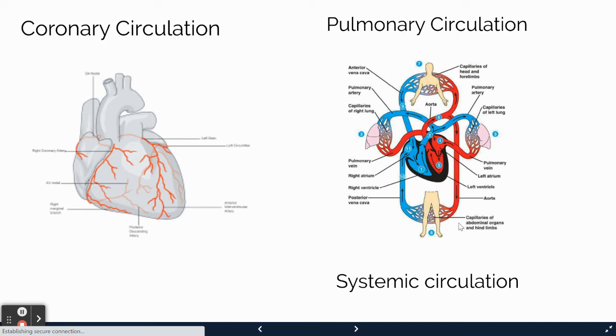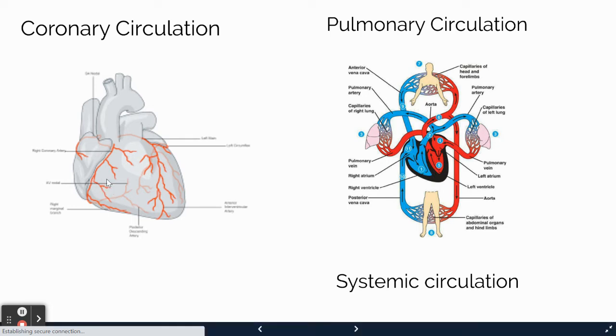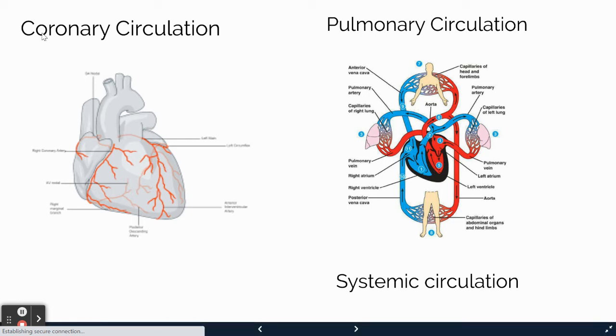Cool. Now, for your heart to do all this magic, it has its own muscle, which you learned about. That muscle is called your cardiac muscle. It looks slightly different. It doesn't stop going. But because it doesn't stop, it has to have a continuous amount of its own oxygenated blood for it to continuously contract. This is known as your coronary circulation.